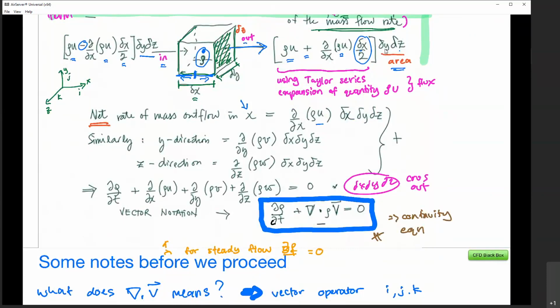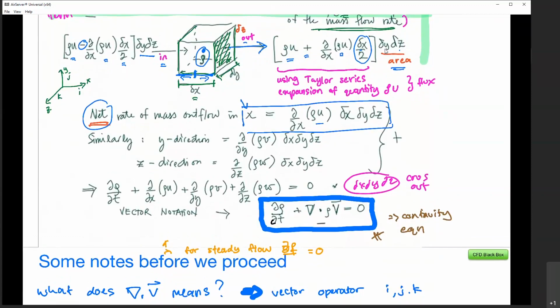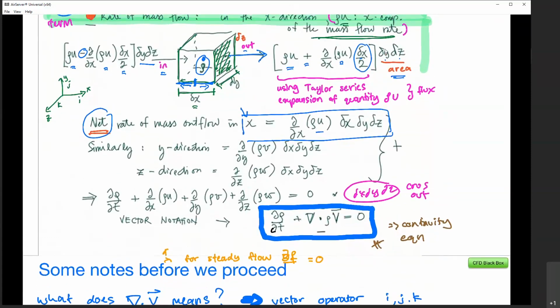If you subtract the left side from the right side, you get the x component of the net rate of mass outflow. Net, remember, net. So basically you subtract the left equation from the right one. Similarly, for the y direction, if you do the same thing, you are going to get d over dy of rho v.